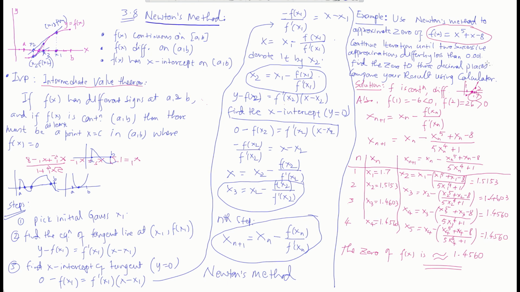The question says that you will stop when the difference between two consecutive values is less than 0.001. But we got exactly the same value up to 4 decimal places. So we are okay to stop. So this is the approximated root for the function. So how I say it is, the zero of f(x) is approximately 1.4560. Thank you guys.